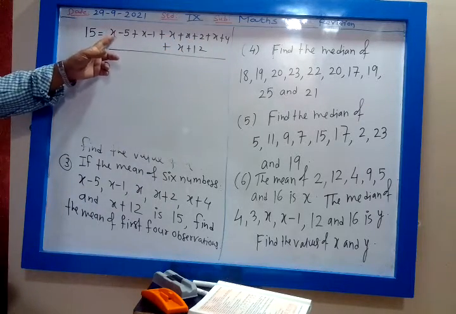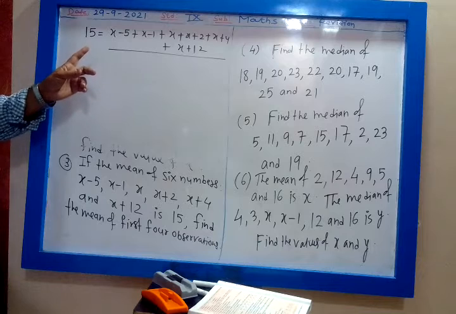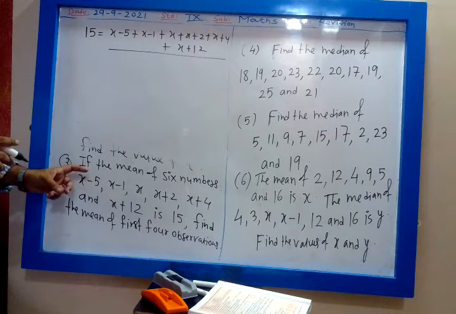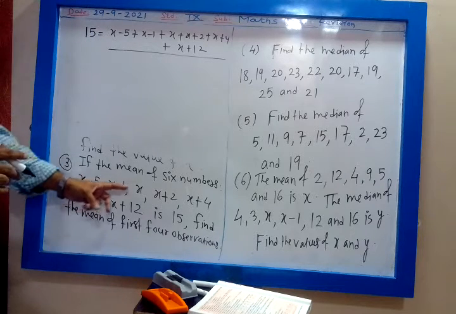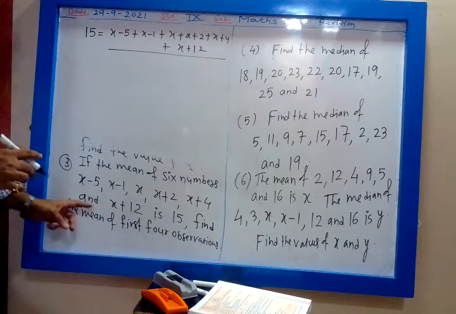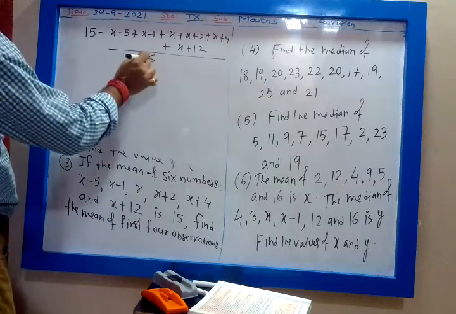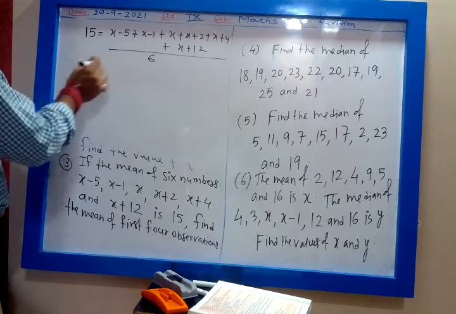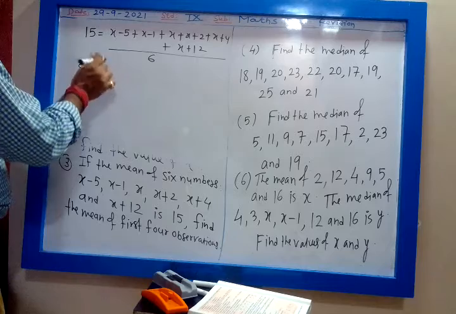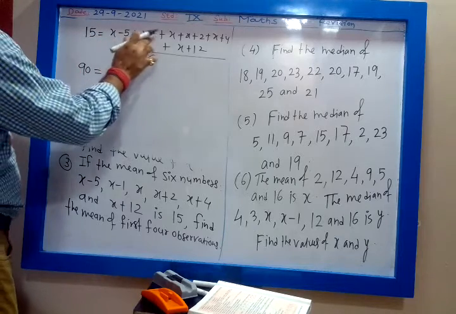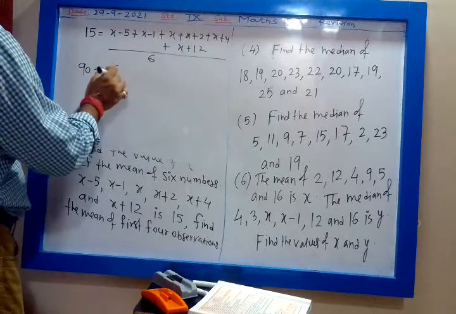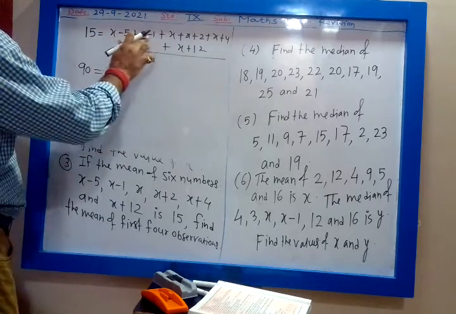See, x minus 5, do not consider it 2 values. x minus 5 is my 1 value. So 1, 2, 3, 4, 5, 6. Divide by 6. So cross multiply, 15 into 6, 90 is equal to x how many times? 1, 2, 3, 4, 5, 6. 6x minus 5 minus 1 minus 6.